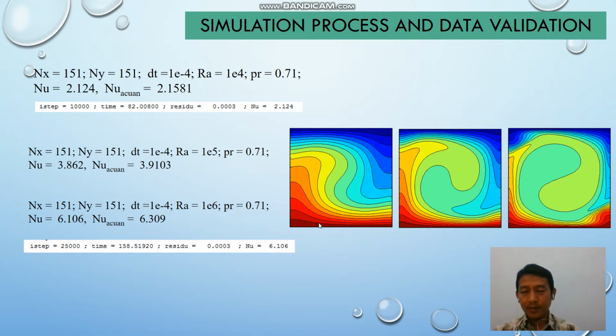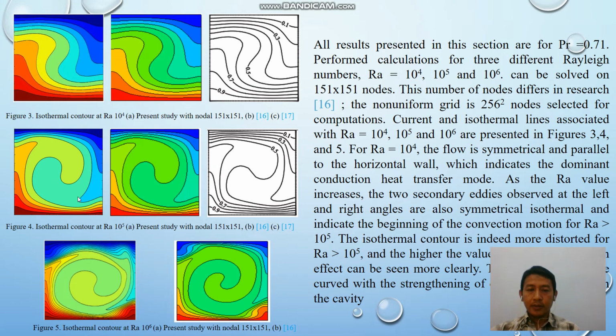It can be completed with 151 by 151 nodes, with 10,000 steps for Ra 10^4 until 25,000 steps for Ra 10^5. So all results presented in this section for Ra 10^4 until 10^6 can be solved on 151 by 151 nodes.